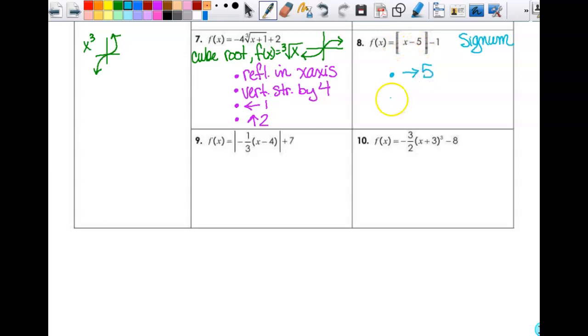What does this negative 1 do? Down 1. So whatever the signum is, if I gave you a signum graph that you'd never seen before, you could take it, you could move it to the right 5 and down 1, and boom, you transformed it. Okay? So I'm having you write all this stuff right here because we're going to definitely need to for the graphing and everything. But notice that even if you didn't know what that was, you can still figure out the transformations.